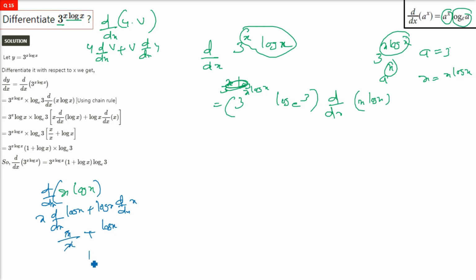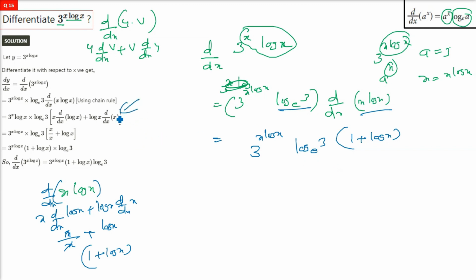And this x by x cancelled, 1 plus log x will be the final result. Alright. So what actually came? 3 to the power x log x, and log 3 with base e, and x log x was 1 plus log x. So we applied the a to the power x formula, and we applied the product rule also.